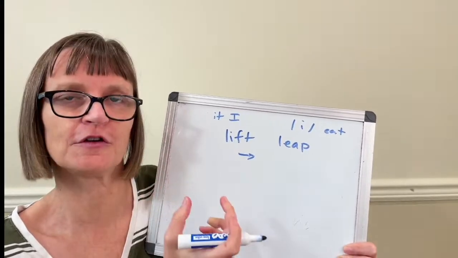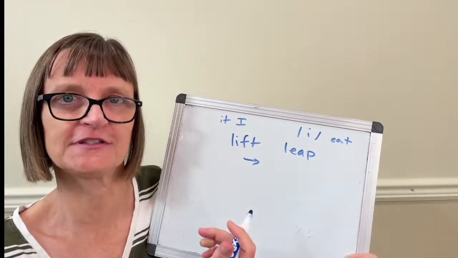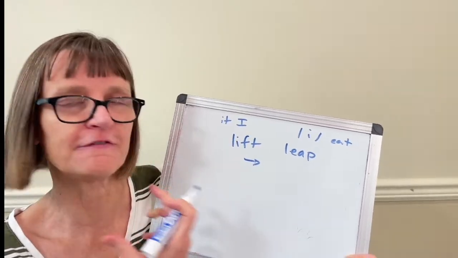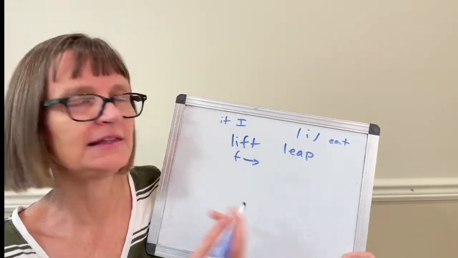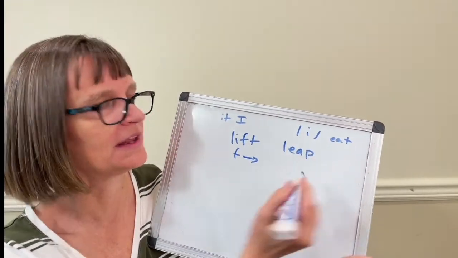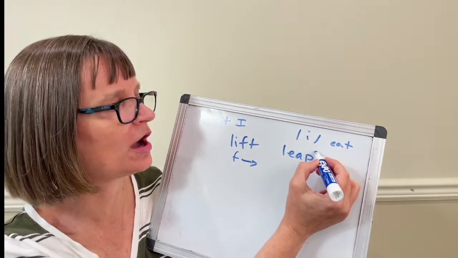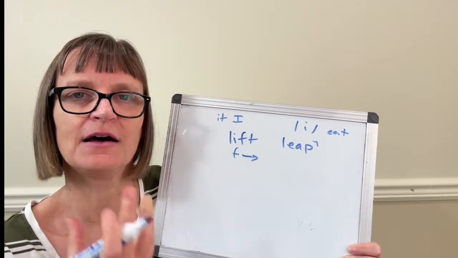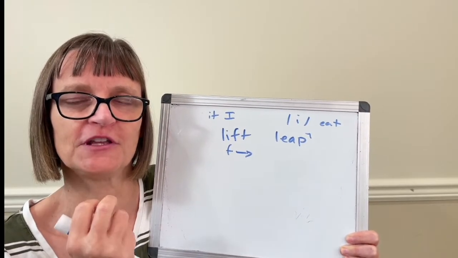I'm not holding it for a long time because I'm ending in the T, but I lift. You want to make sure you can hear that f sound continuing. Leap. We're going to either burst out that air, leap, with a p sound, or often we don't release that. So for the p sound, your lips come together and close and fully stop the air.